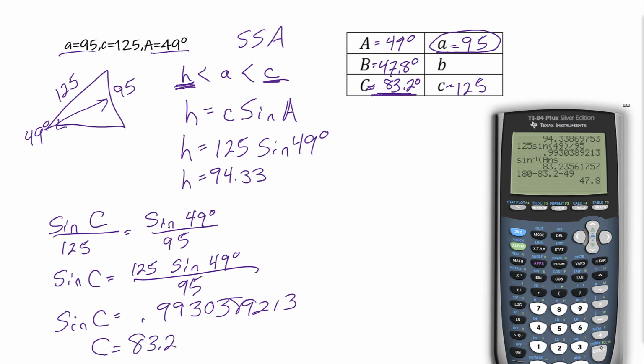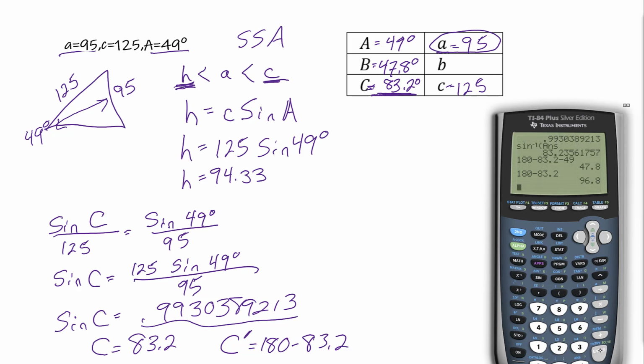But there's another angle that gives us this same sine value. And to figure out what that is, I'm going to say C prime, my other C, is going to be 180 minus 83.2. So let's just do that.